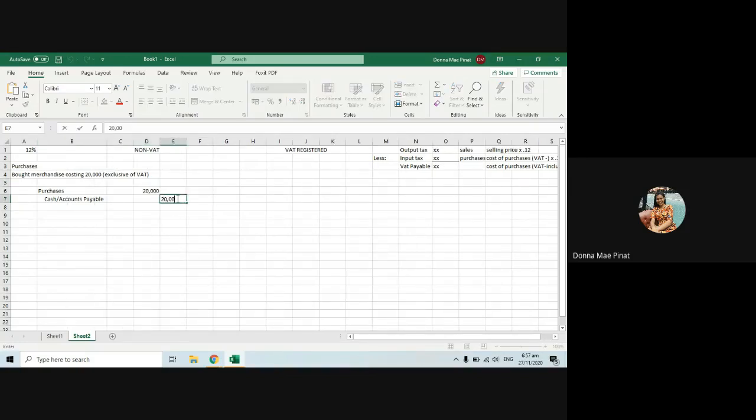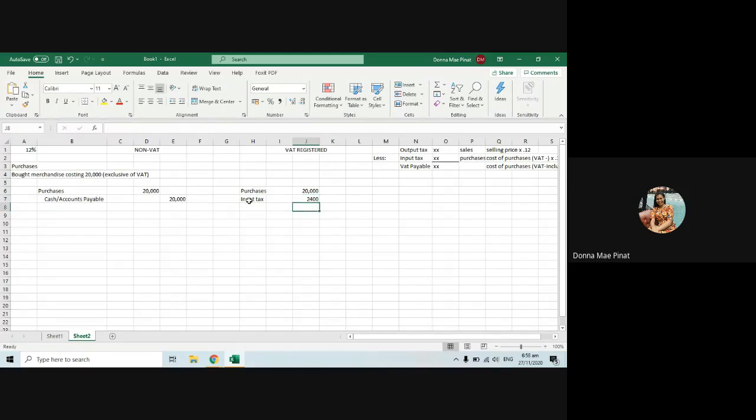Okay, so 20,000. How about if the supplier is VAT registered? What will happen? You will record purchases still at 20,000, but you will have here input tax, which is 20,000 times 0.12, so that is 2,400.